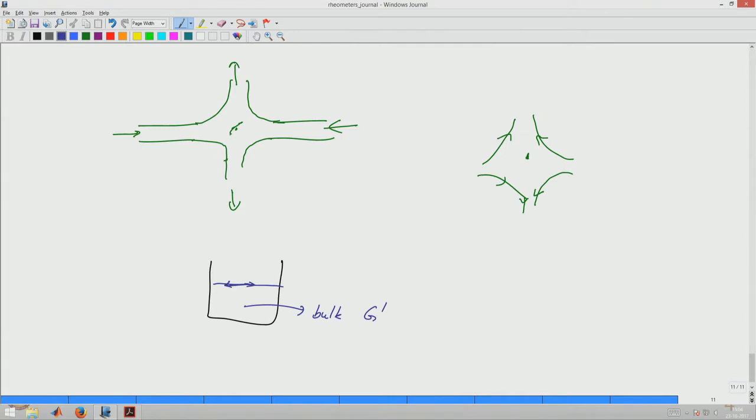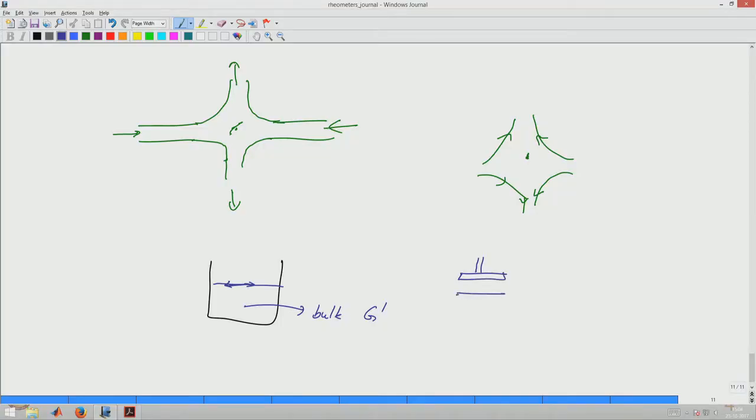So, what I need to do is the geometry that I use, what I was doing earlier was I take this parallel plate geometry, and I say that everywhere in the fluid we have the strain or strain rate or stress being controlled. Now, instead I need to only do measurement at the interface.